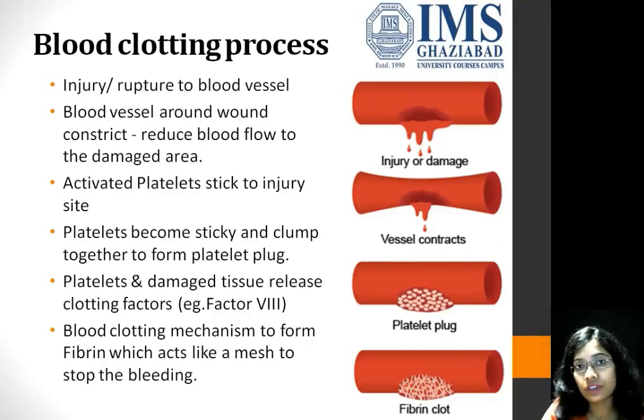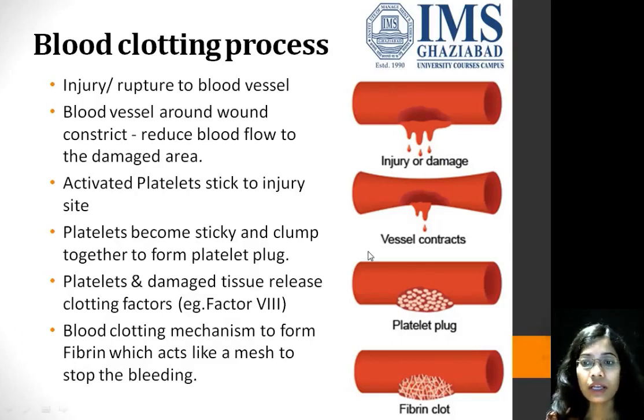Blood clotting process in a general view. What happens when a vessel ruptures or injury occurs? When injury occurs, the blood vessel becomes damaged or ruptured. Then the blood vessels around the wound constrict so that extra blood doesn't come out of the body, which reduces the blood flow to the damaged area.